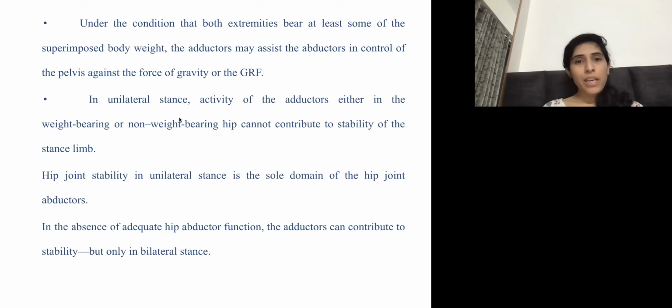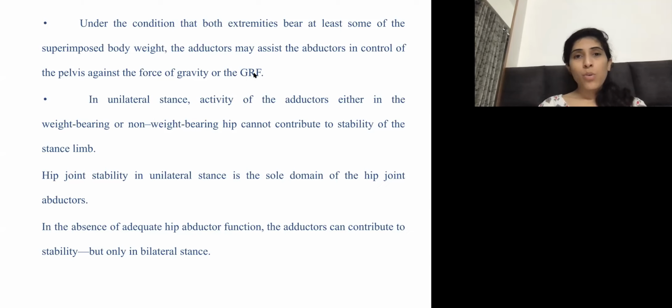In the unilateral stance, the activity of the adductors, either in the weight bearing or non weight bearing hip, cannot contribute to the stability of the stance limb. So hip joint stability in the unilateral stance is the sole domain of the hip joint abductors.